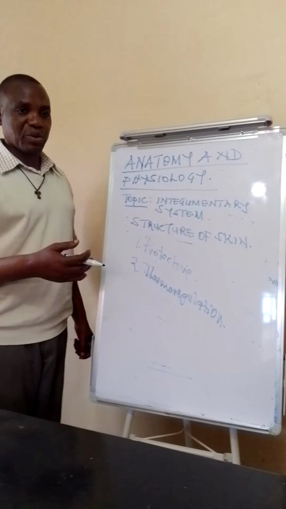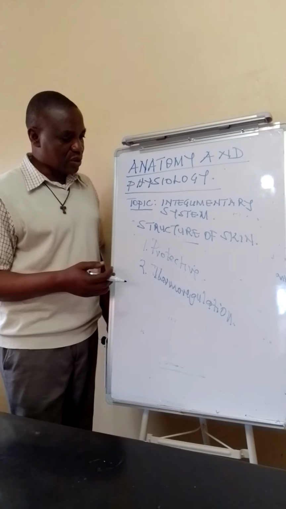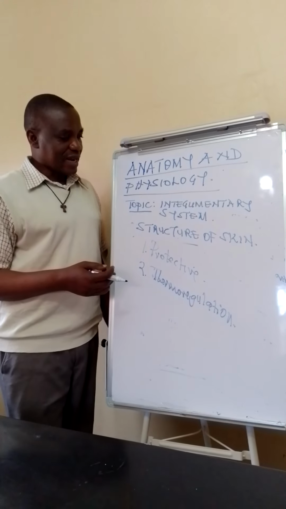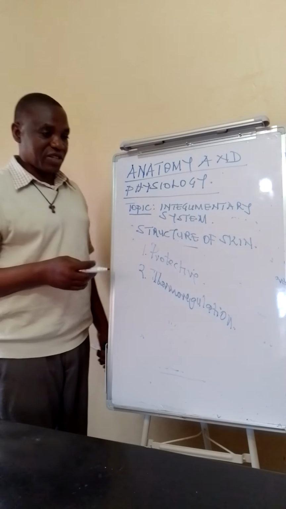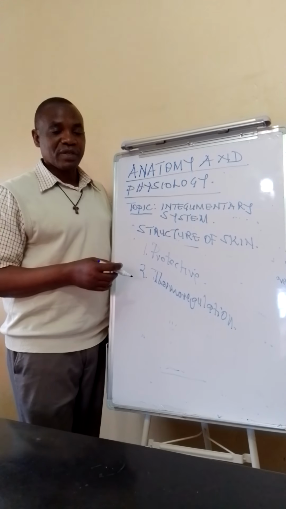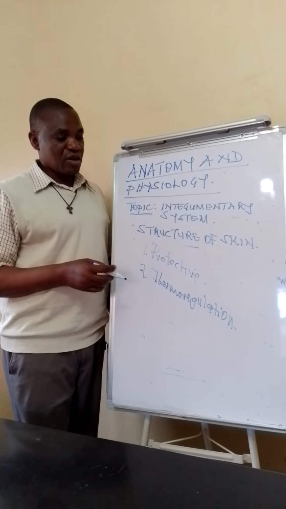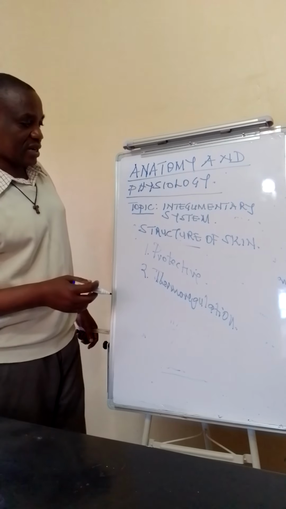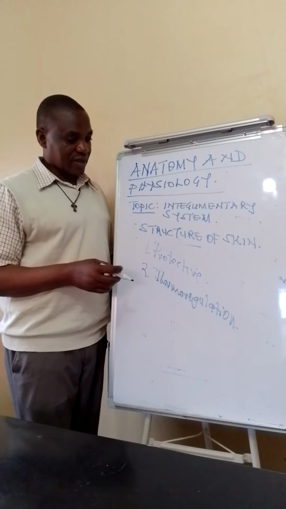Thank you very much for your viewership, but I have a few questions to ask you. Question number one. Explain the composition of the integumentary system. Number two, describe the structure of the skin.